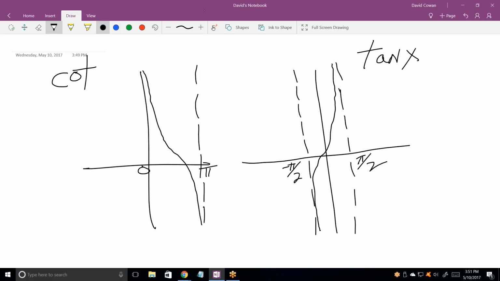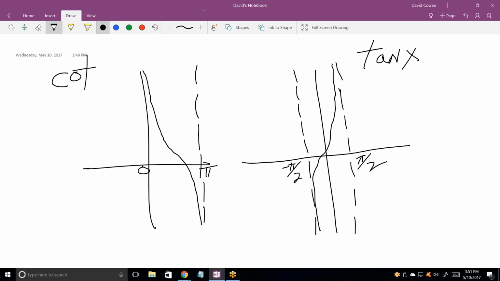Notice the vertical asymptotes on tangent occur at 90 degrees and minus 90 degrees, whereas on cotangent they occur at 0 and pi.